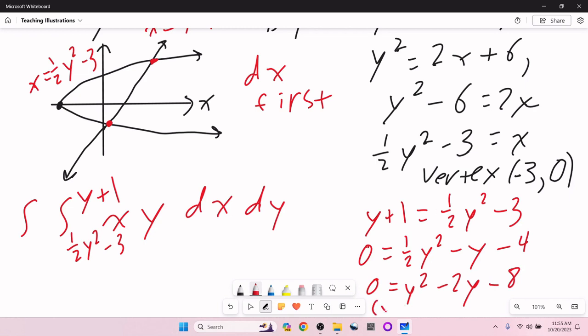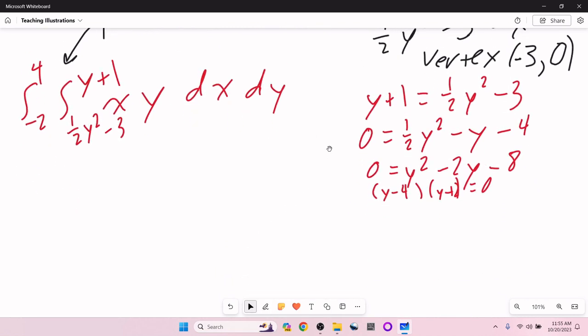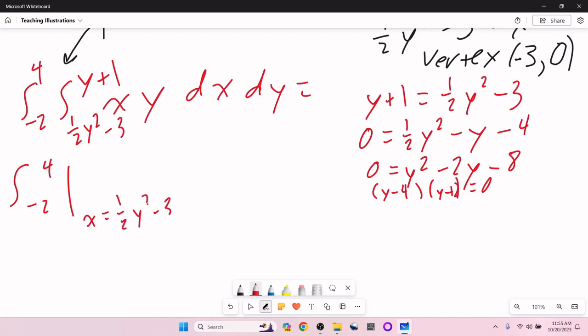So this factors into y minus 4, y plus 2 equals 0. So the solutions are negative 2 and 4. Okay, so the hard part's done. We then want to, let's say this is from negative 2 to 4, and this is from x is 1/2 y squared minus 3 to x is y plus 1.